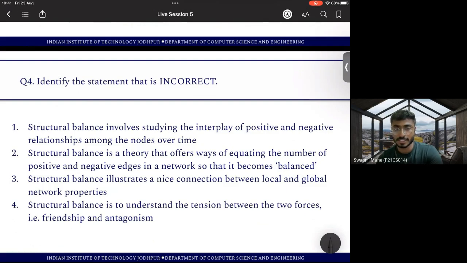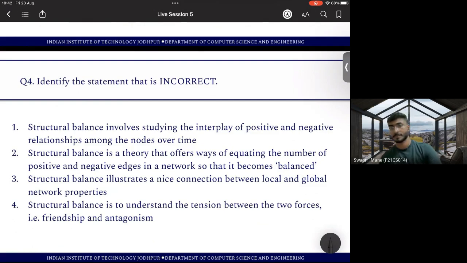Which statement is incorrect? Read the four statements carefully. Let me know which one is correct and why. Is there any wrong answer? Please don't hesitate to give the answers.